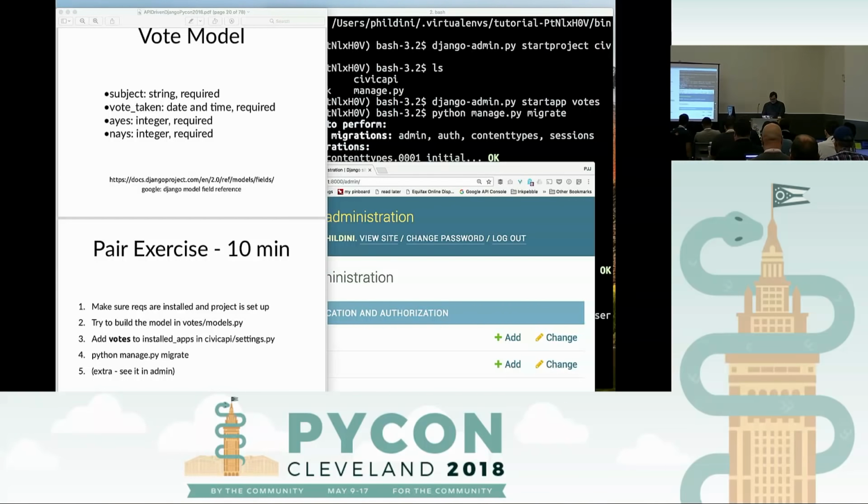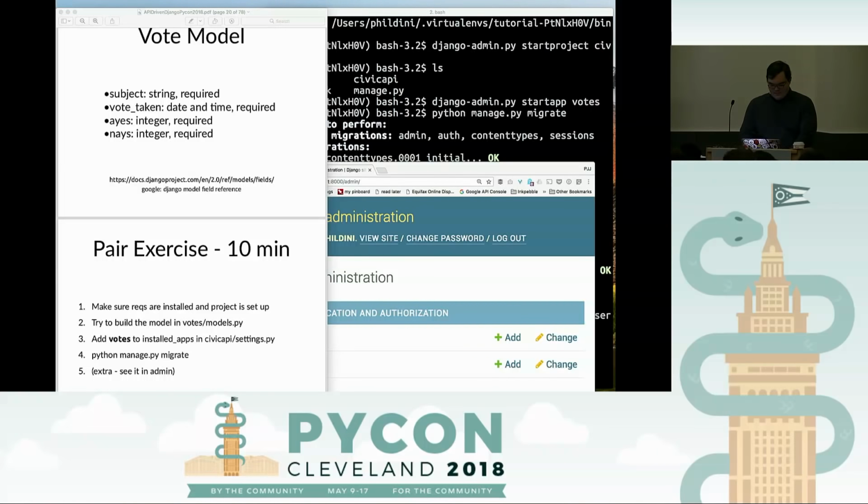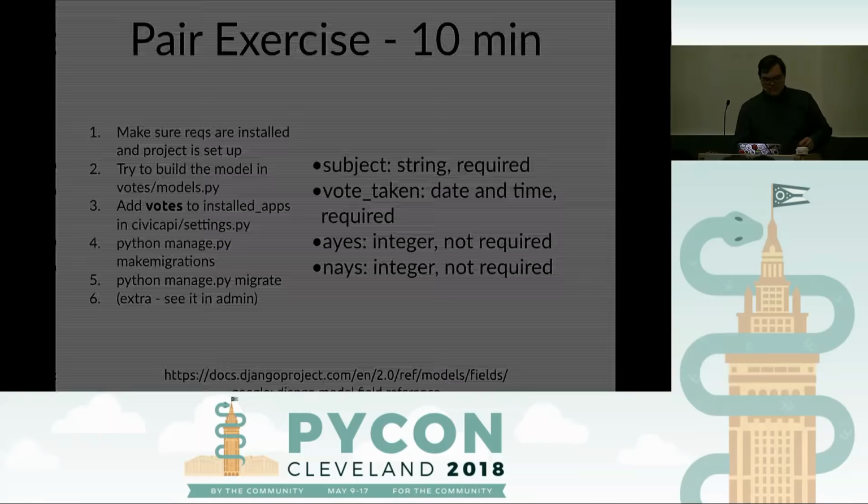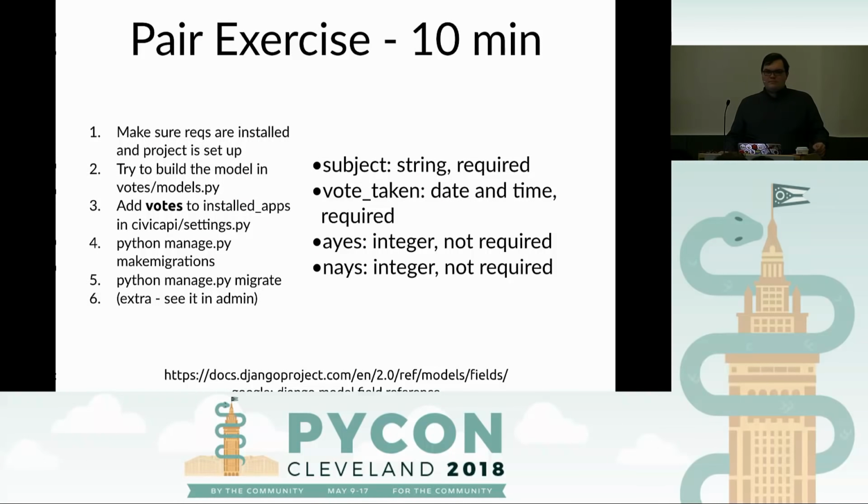Yeah, there's python manage.py makemigrations. No, don't autocorrect it. So by the time we're done, and we're going to be done in a minute or so here, we'll give some extra time.